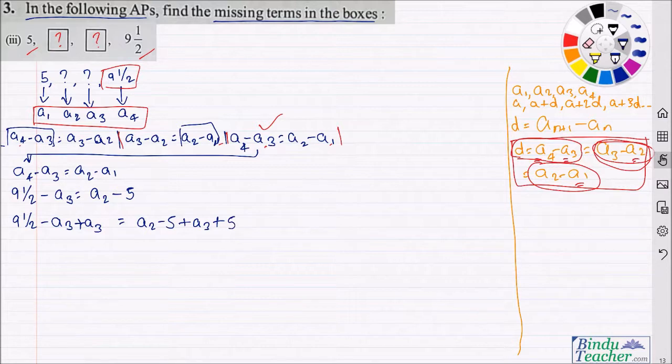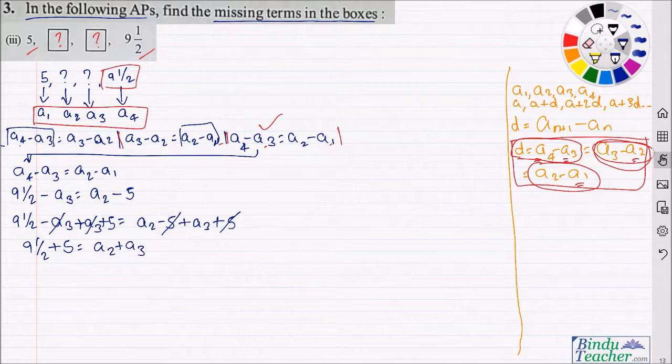Now that plus 5 I will add here also. So now we can balance the equation. Minus 5 and plus 5 cancel out each other. Here minus A3 and plus A3 cancel out each other. So what we are left with is 9 1 by 2 plus 5 equals A2 plus A3.